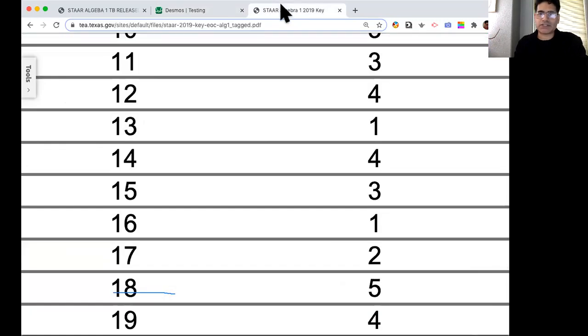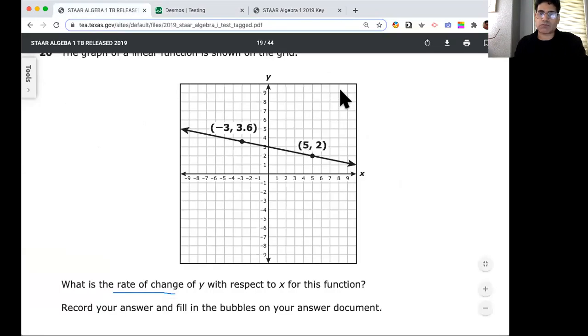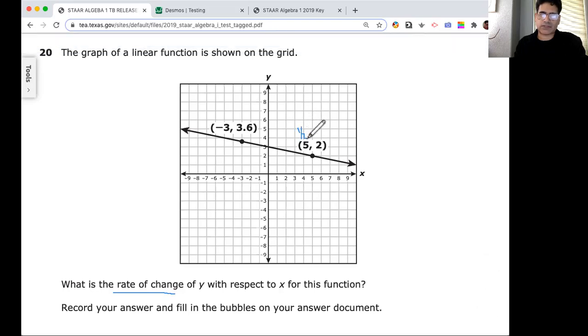And so we're given these points, so let's mark that as y2 over here, and we'll mark this as x2. Okay, y2, see, that's why it's good to mark them up.